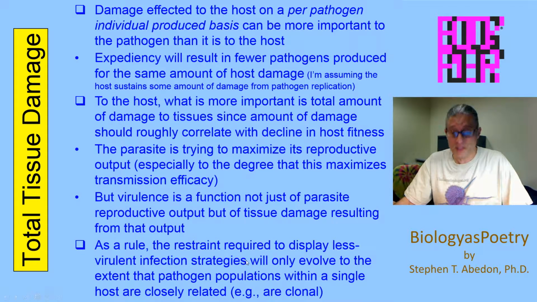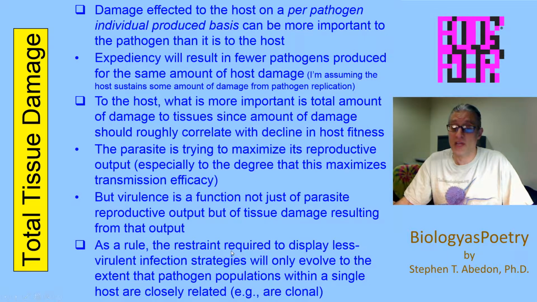Even so, we might expect that these parasite populations may not evolve indefinitely towards ever-increasing virulence, because those infection strategies that display less virulence might result in greater potential for the parasite population to be transmitted.